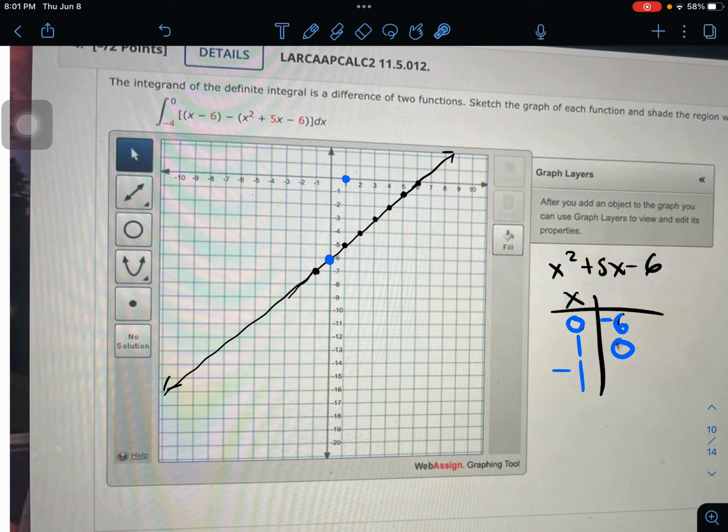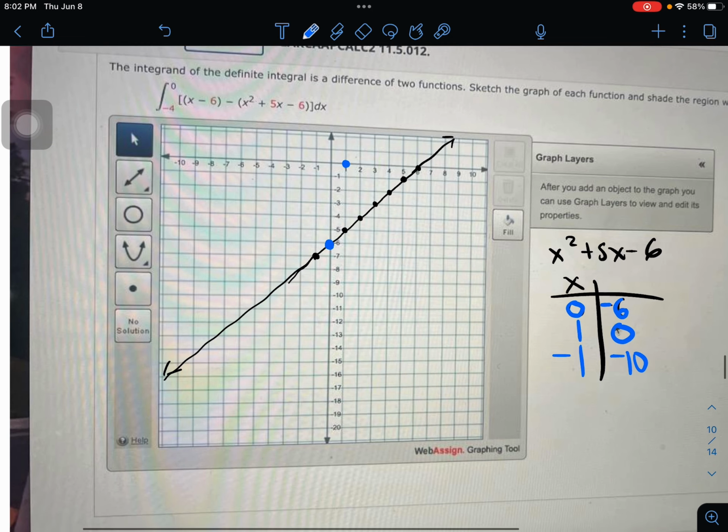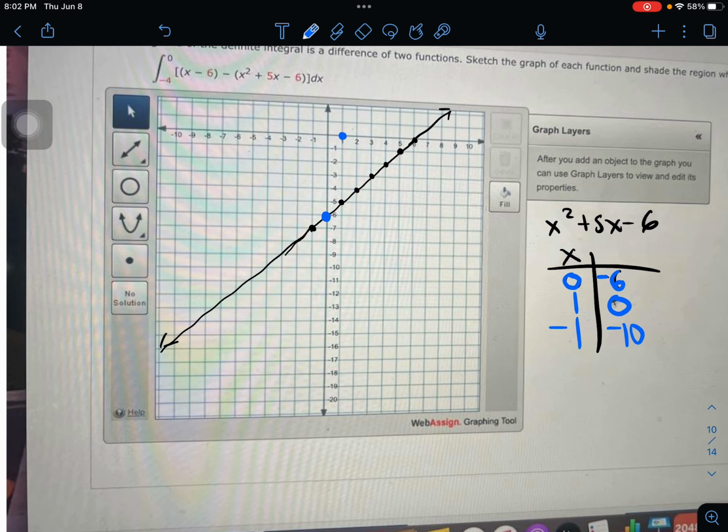So yeah, that's negative 10 actually. If I put a negative 1 in, I get a negative 10 out. Okay, so yeah, it's not symmetrical. And I'll go ahead and plot that. Negative 1, negative 10. I got a point right there.